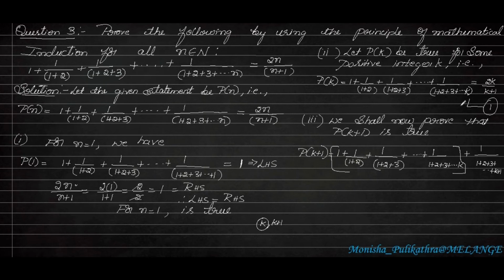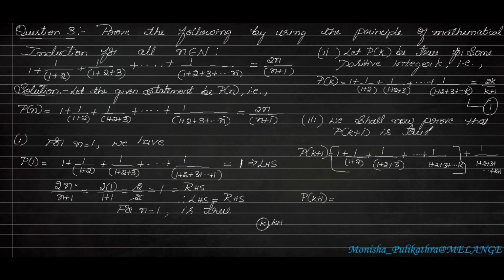Okay, so here from equation 1 we know that this section up to k is equal to 2k by k plus 1, right? So P of k plus 1 is equal to 1 plus 1 by 1 plus 2 and so on.